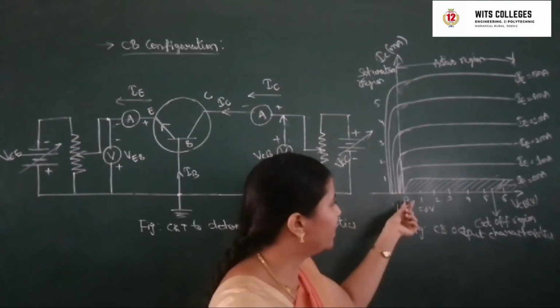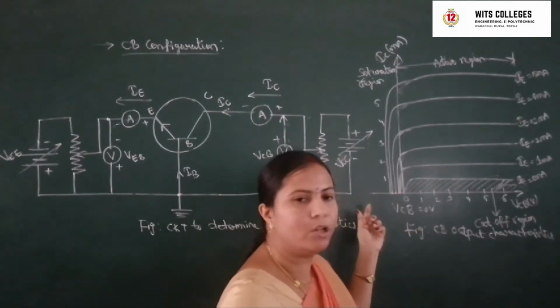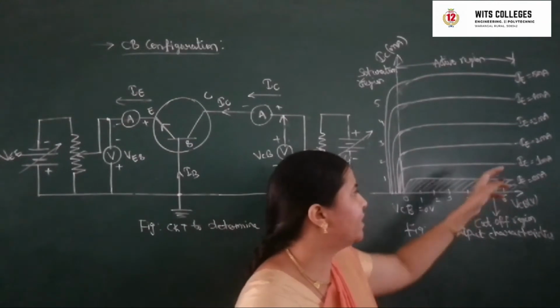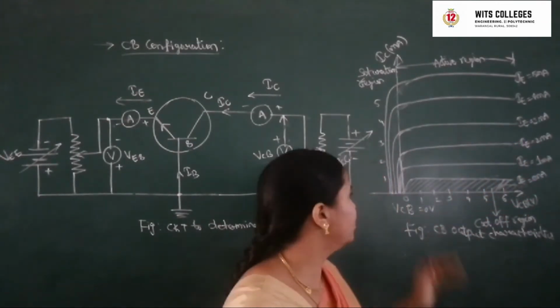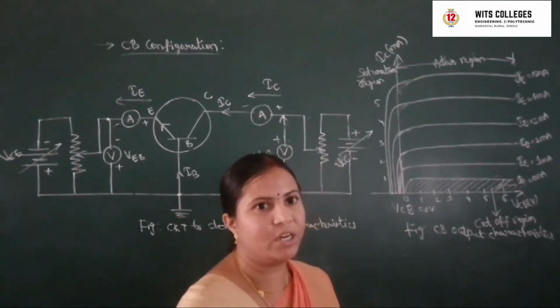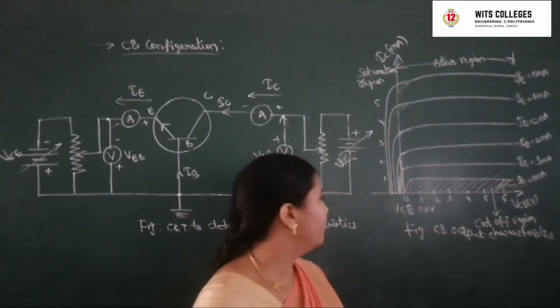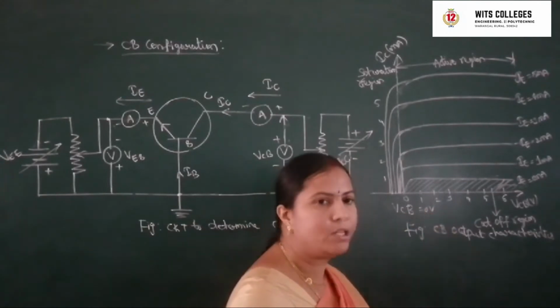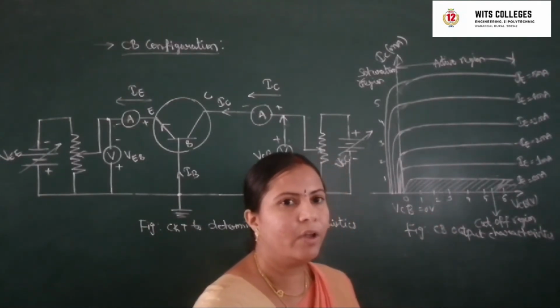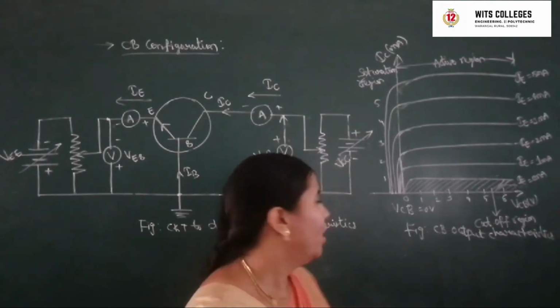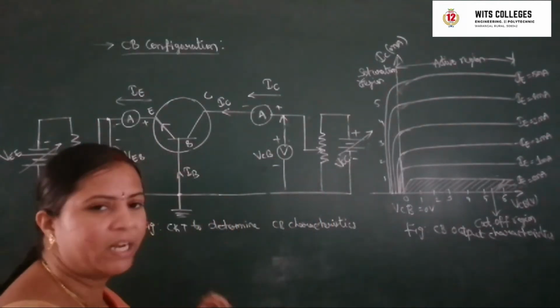Even when decreasing the values of VCB, there is a flow of current at the different fixed constant values of IE. So this region is nothing but the saturation region. Why is there a flow of current even at VCB equal to 0? In the emitter base junction, what is happening here?